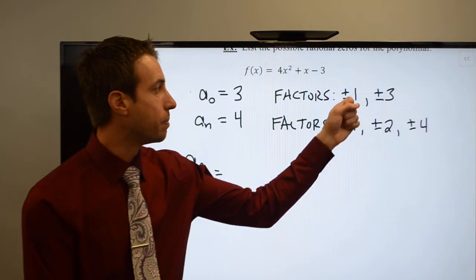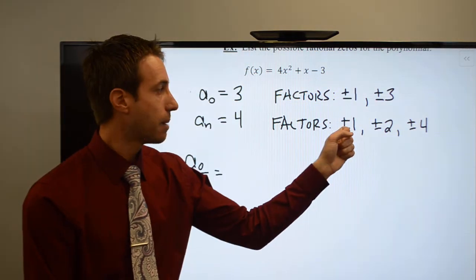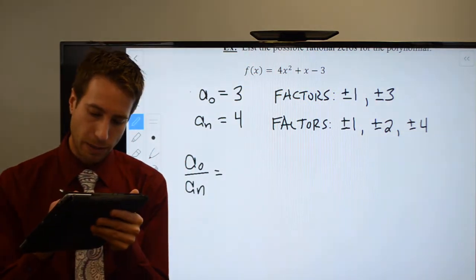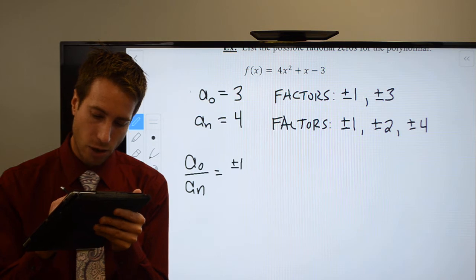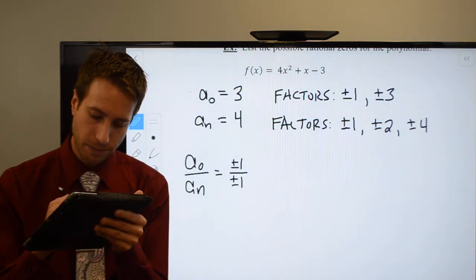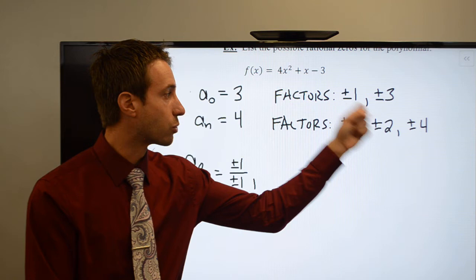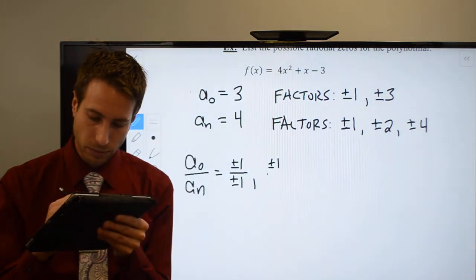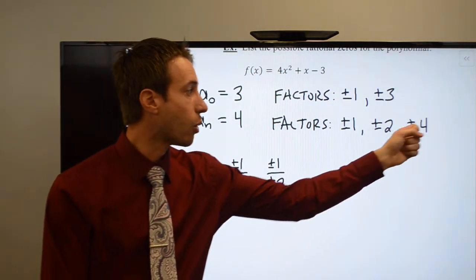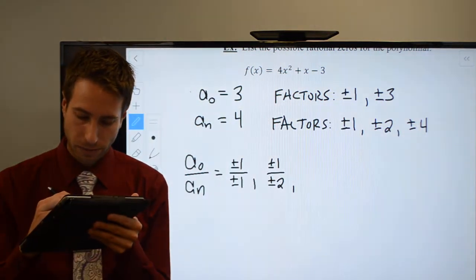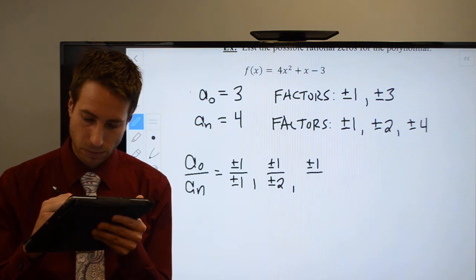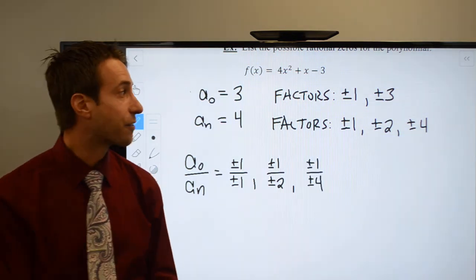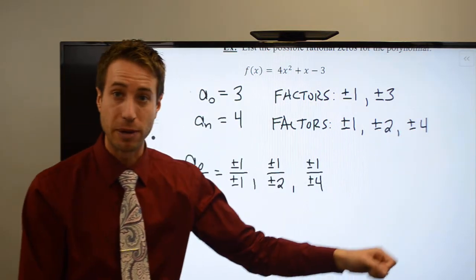So the first one would be plus or minus 1 over plus or minus 1. Okay? And then I'd have plus or minus 1 over plus or minus 2. Okay? And then I'd have plus or minus 1 over plus or minus 4. Okay, I've gone through the 1 and done it with everybody, right?